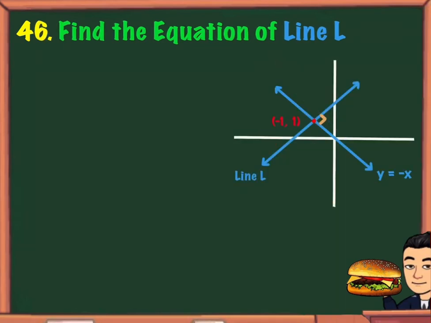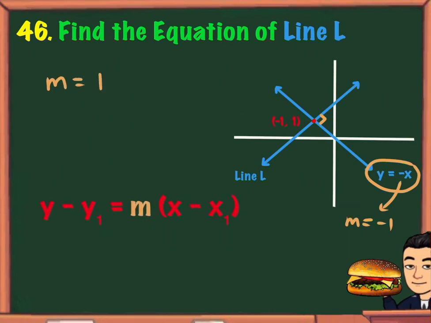In order to find the slope of line L, knowing that this equation is perpendicular to line L, the slope is negative 1, which means the slope of line L is going to be positive 1.